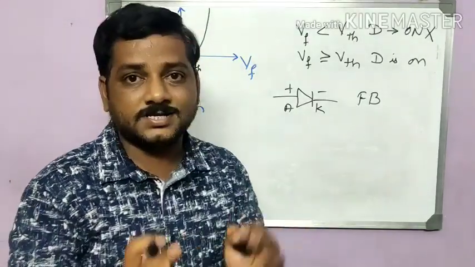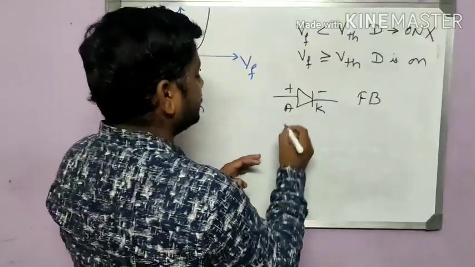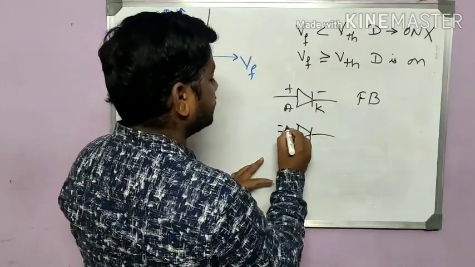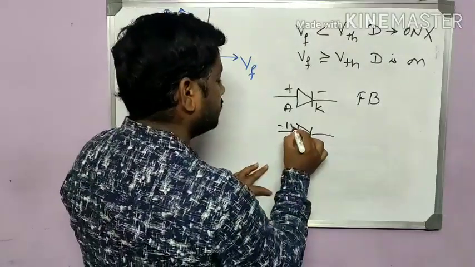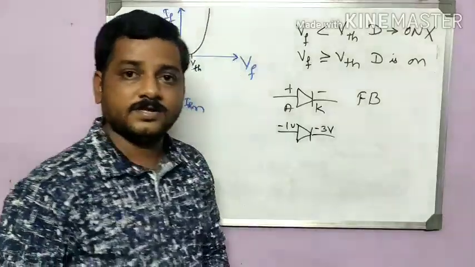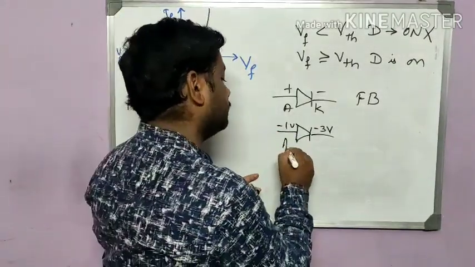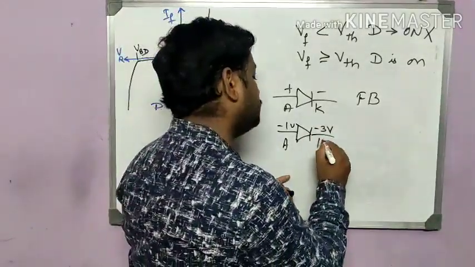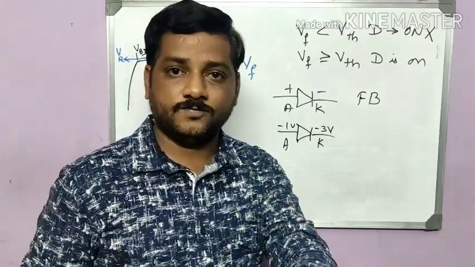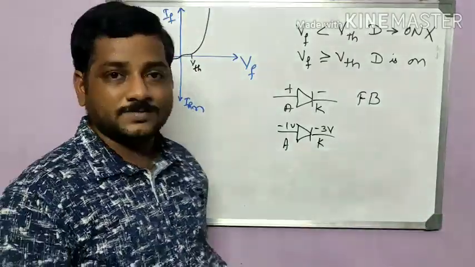It's not wrong, but say I take the diode and give minus 1 volt at the anode and minus 3 volt at the cathode. Now tell me whether this diode is on or off, in forward bias or reverse bias.